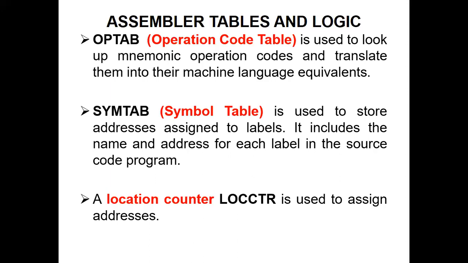In this case, since all the instructions are 3 bytes, we go on incrementing by 3, by 3, by 3. When you find a label, the value of the counter is the address of that label, so you enter it into the symbol table.